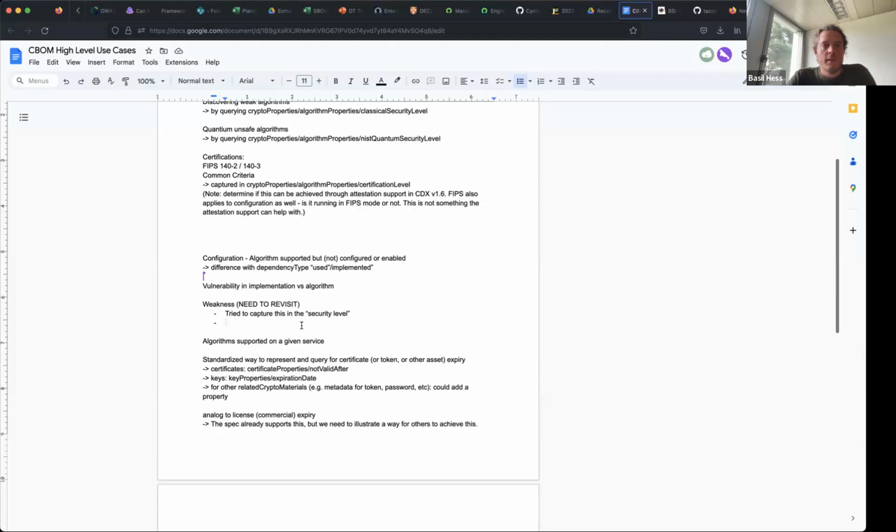And if the policy says we don't support weak algorithms, then those will fall out that have NIST security level 0, for example, or a classical security level below 128. Right. Yeah, this will need to be revisited too, I guess.